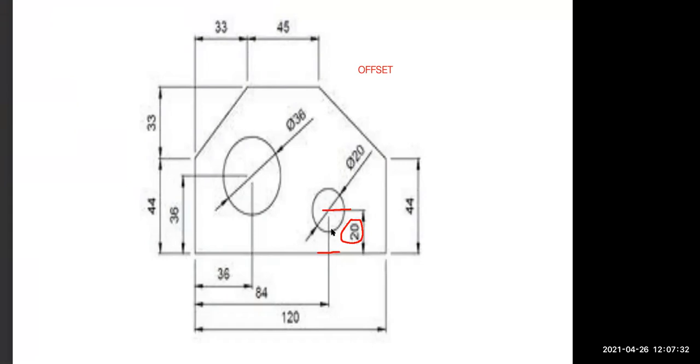Okay. And vertical distance, suppose you want to offset this line on your left hand side. So this will be your offset distance. How to identify this length? 120 minus 84. So 36. So like that you can do the offset. So let's do it.